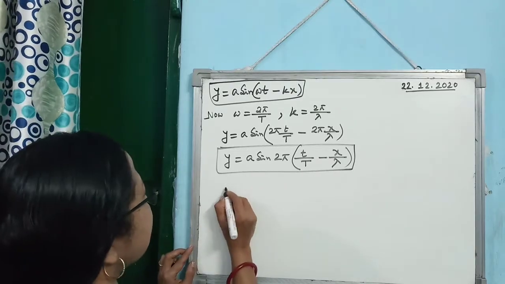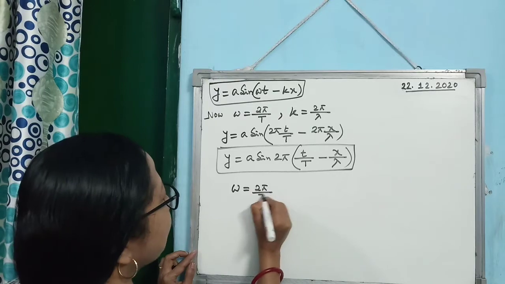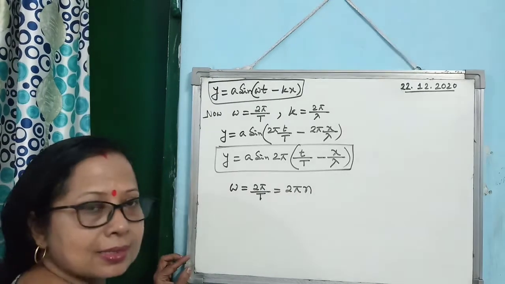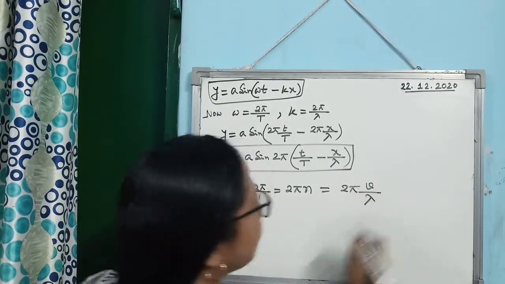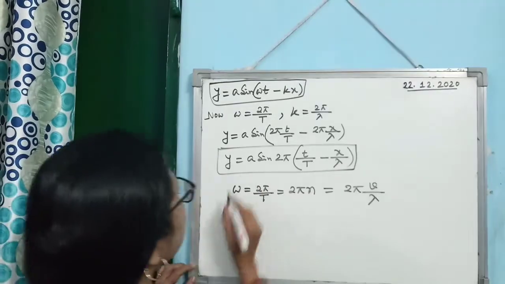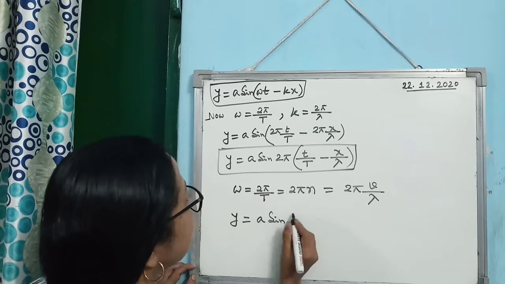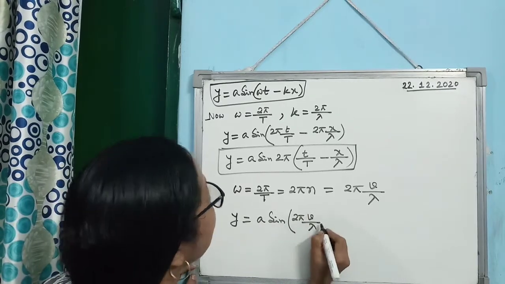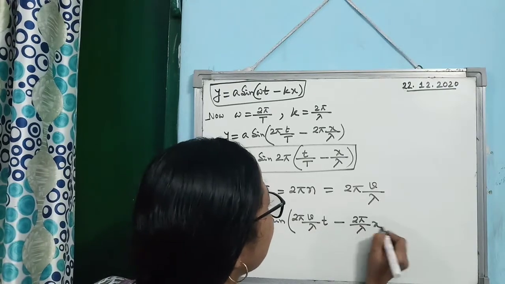Another way: omega is equal to 2 pi by T, meaning it is 2 pi into n. Is that clear? And n is equal to v by lambda. If you substitute that, what are you getting? A sine of 2 pi v by lambda into t minus 2 pi by lambda into x.